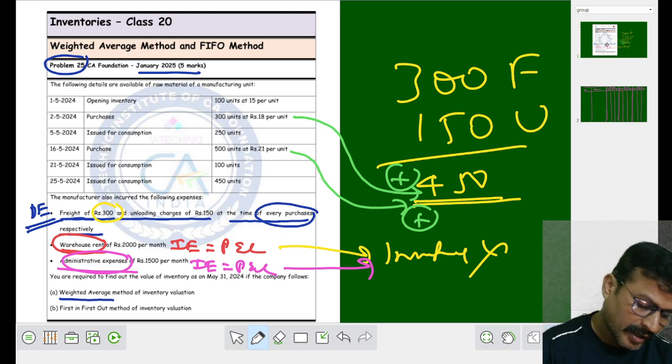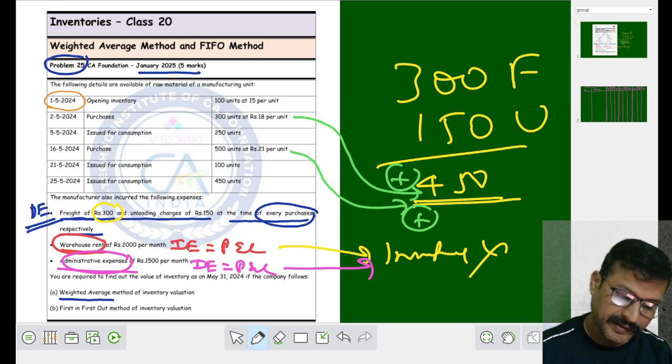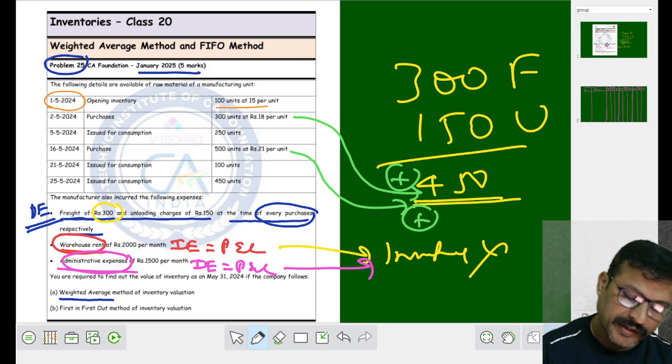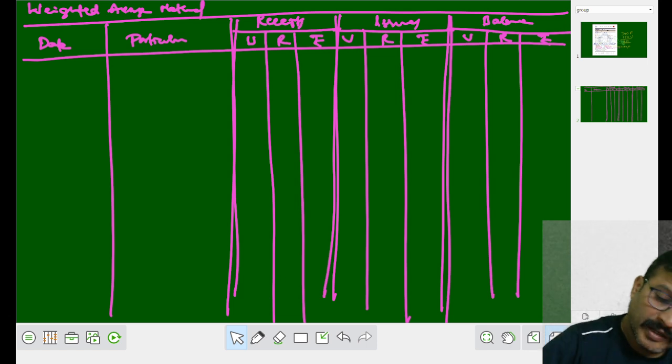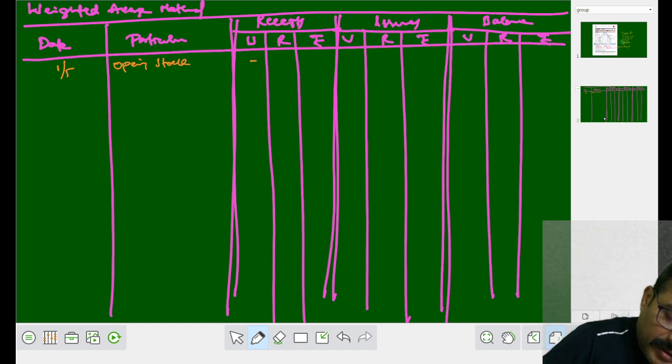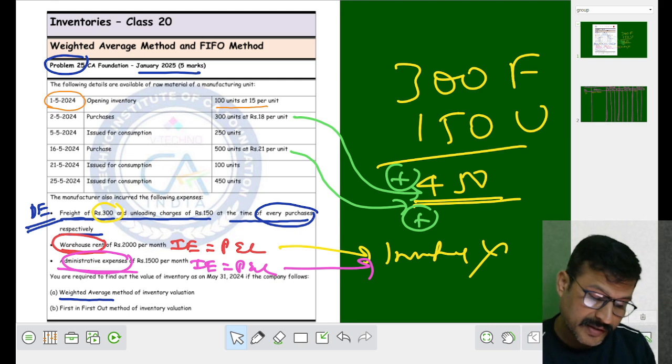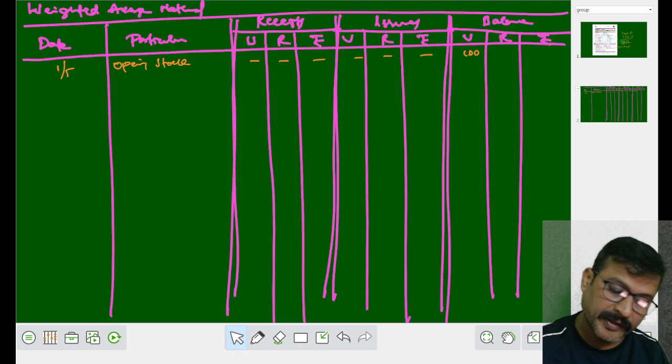See, on 1st May, there is an opening stock of 100 units at 15 per unit. On 1st May, opening stock, how many units? 100 units, 15 per unit.